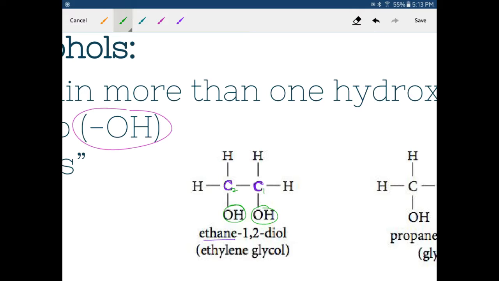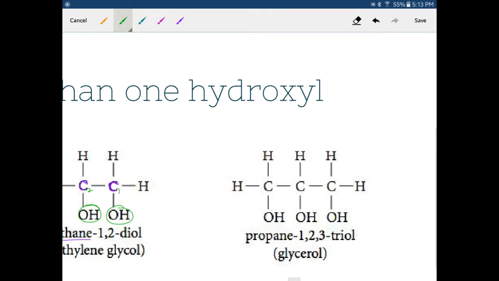So I have 1,2-diol. I have to identify that there's 2. So I always start with my parent chain. Now, because the alcohol is a suffix, I can say ethane-1,2-diol in this example. So I can identify my alcohol like that.